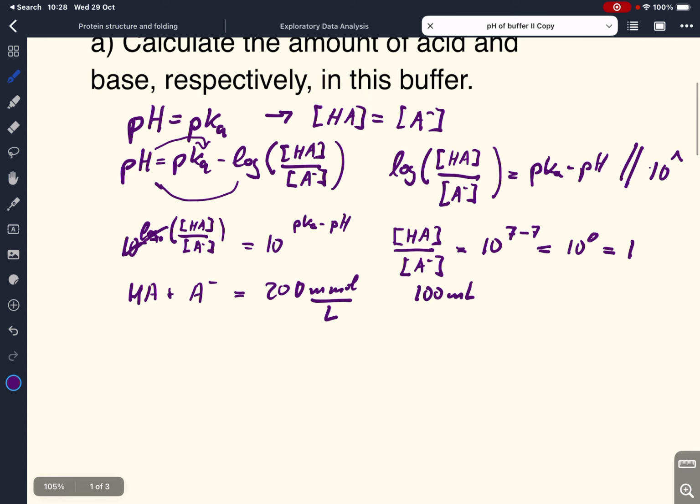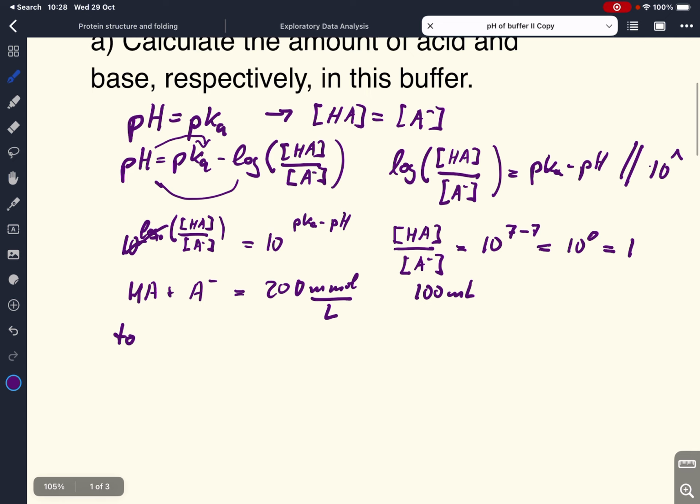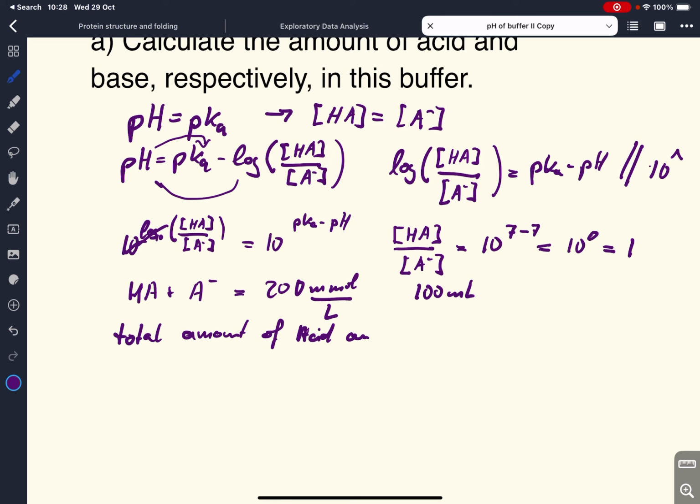So we can calculate the total amount of acid and base in millimole.